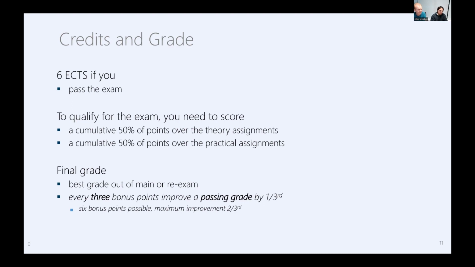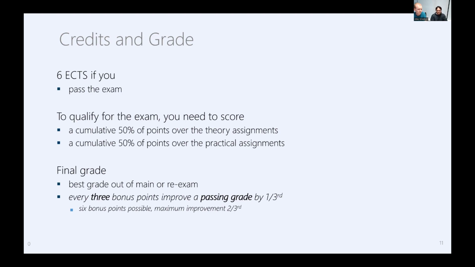The important part is that for every 3 bonus points that you get from the assignments, you get an improvement in terms of passing grade by 1/3. What does it mean? It means that if you already passed the exam and, in addition to that, you get 3 bonus points, you get 1/3 of your passing grade on top of that.